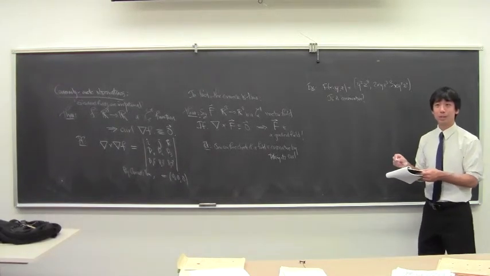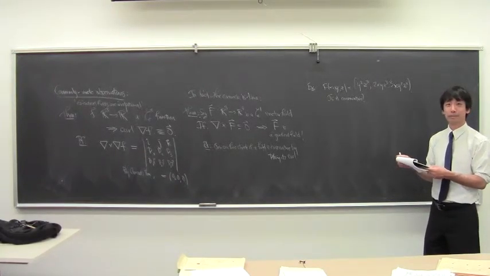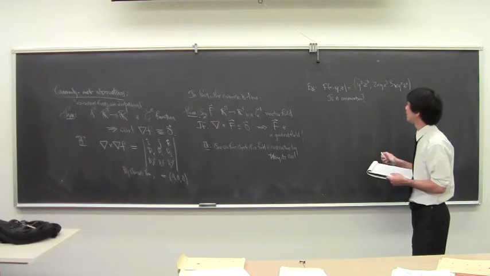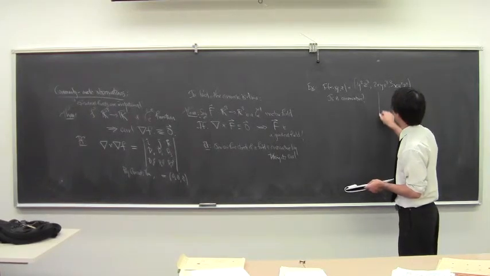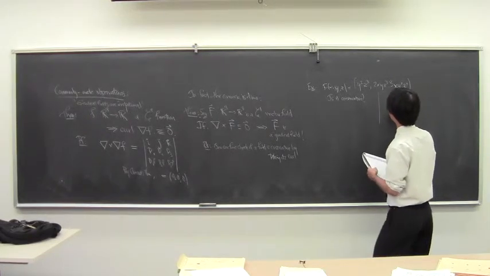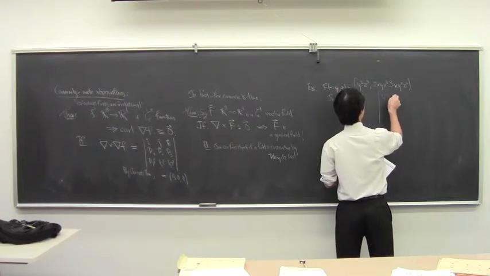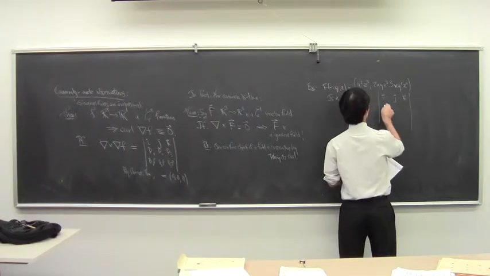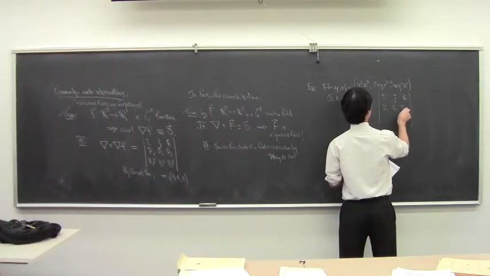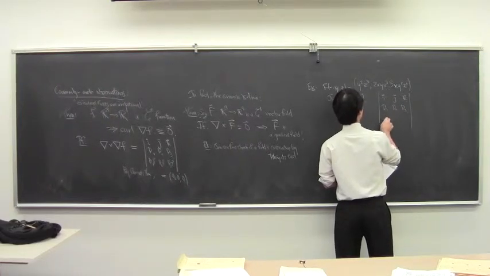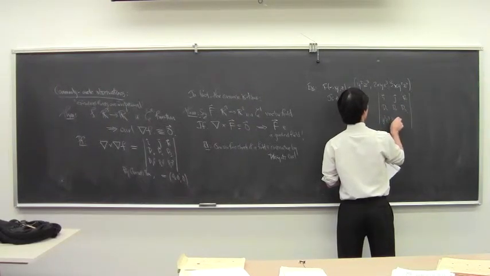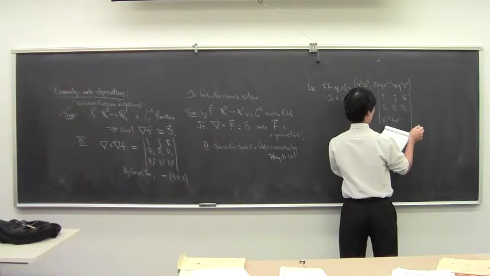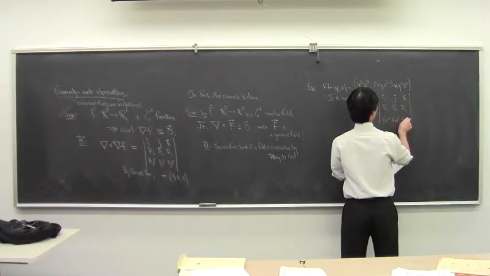One way to do it is to just take its curl. So you'd say, okay, i, j, k, d1, d2, d3, y squared z cubed, 2xy z cubed, 3xy squared z squared.